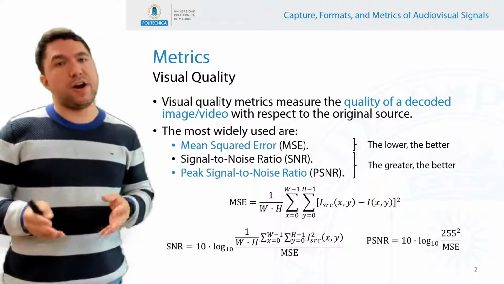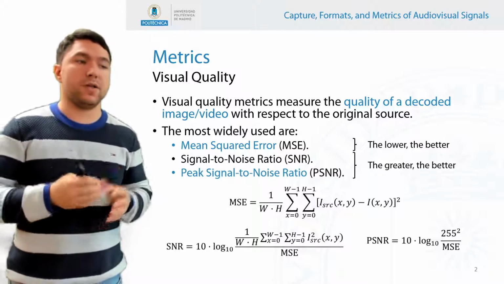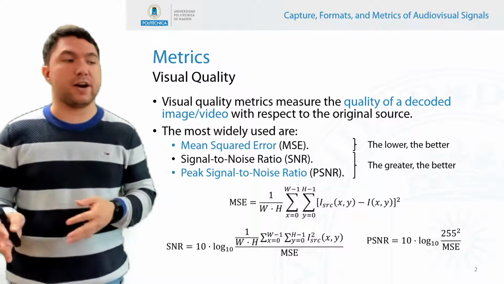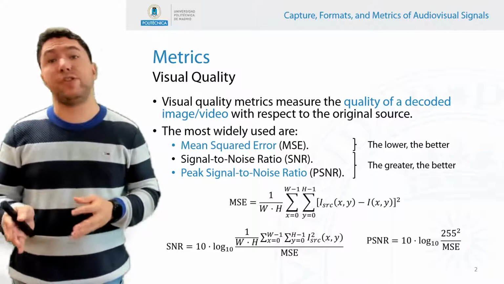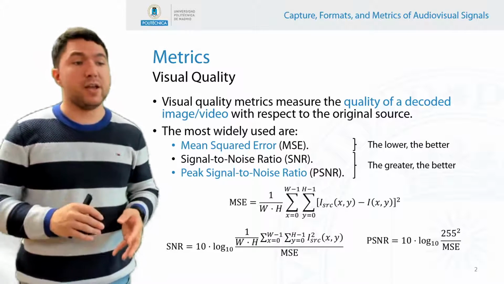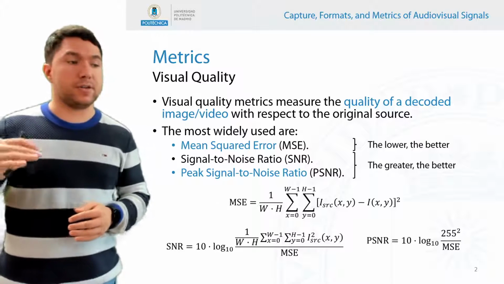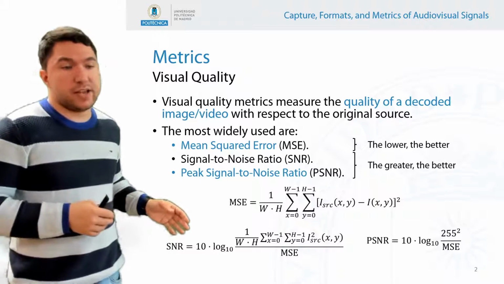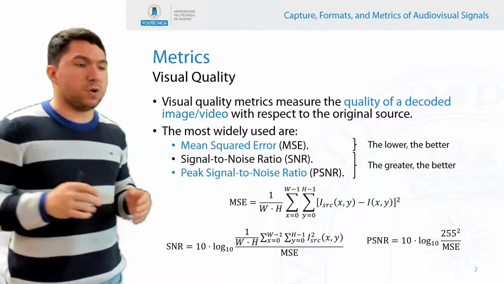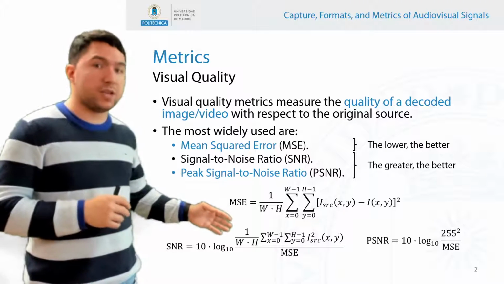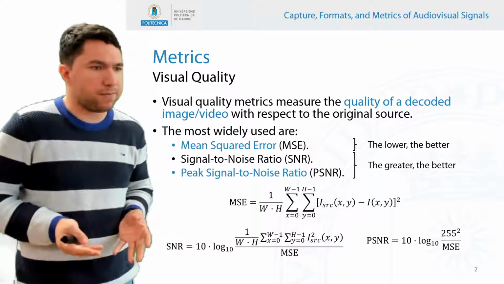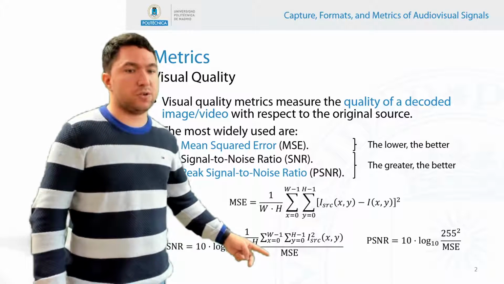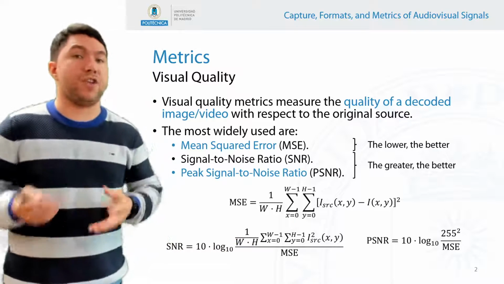Then we can also define two more metrics, which are the signal to noise ratio, SNR, and the peak signal to noise ratio, PSNR. In this case, the greater the better. The SNR is basically a comparison of how good the original sequence is compared to itself, divided by how good the decompressed sequence is compared to the original one.